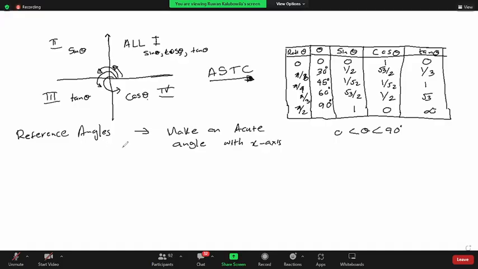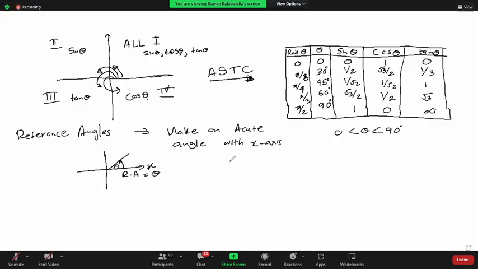So this is the way of defining the reference angle. If our theta is in the first quadrant, no matter, this is the x-axis, so our reference angle is directly equal to theta. Reference angle is theta. Nothing to worry about.